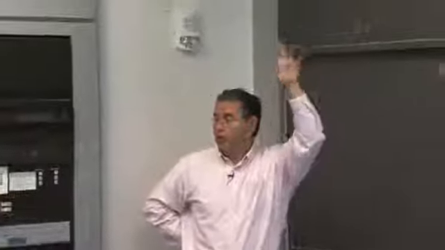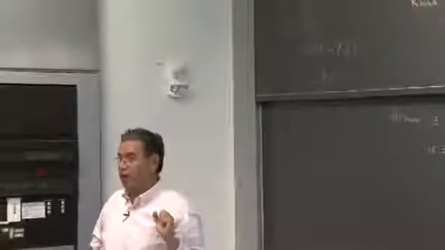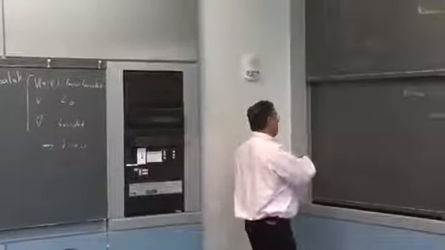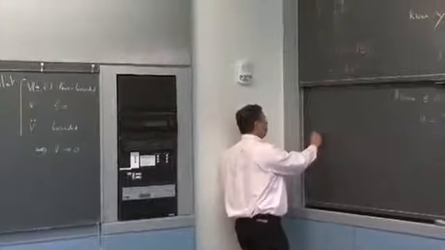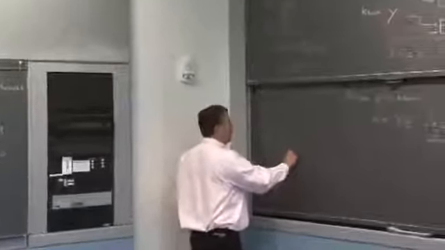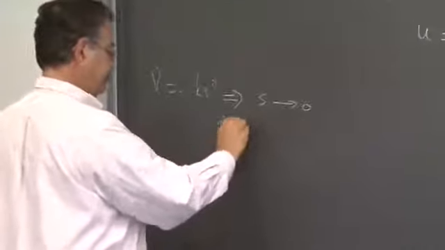V dot would be negative. It would be easy to check that v double dot is bounded because v is s square. So if the desired trajectory is bounded, it means the state is bounded as well, and so every term in v double dot will be bounded. So v dot equal minus ks square will imply, using Barbalat's lemma, that v dot tends to 0.